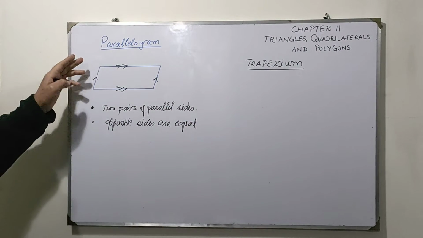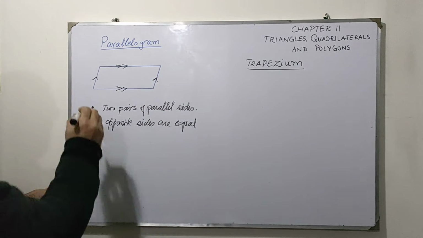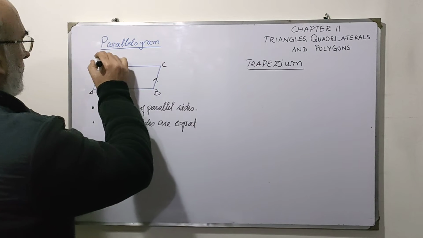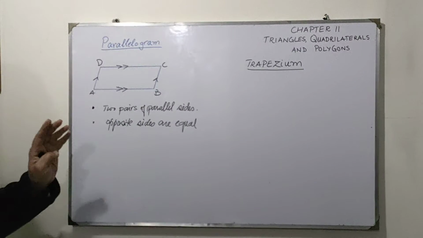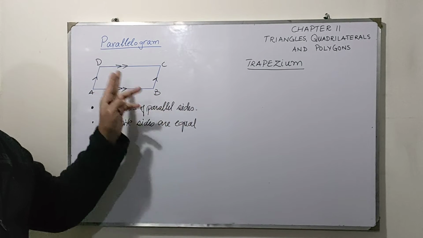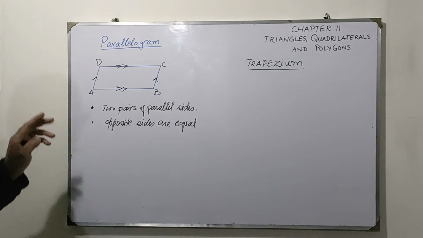And then, if I name all these sides, I'm going to say that not only the opposite sides are equal, but the opposite angles are equal as well. What do I mean?